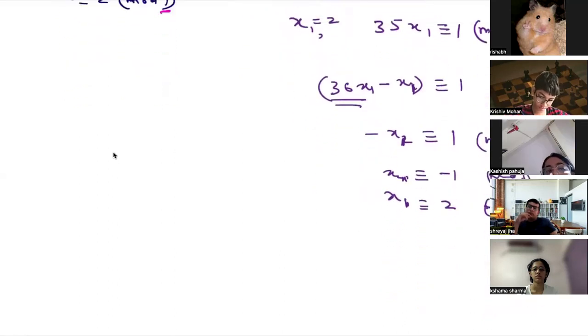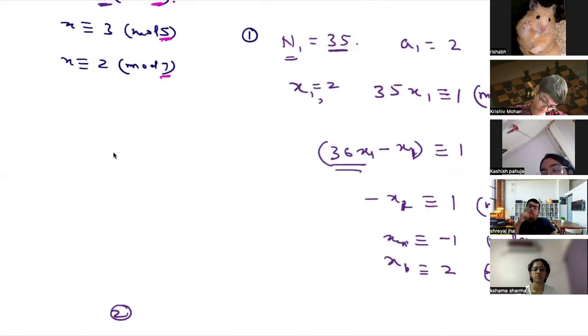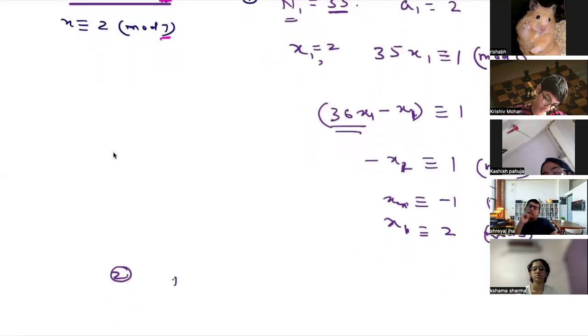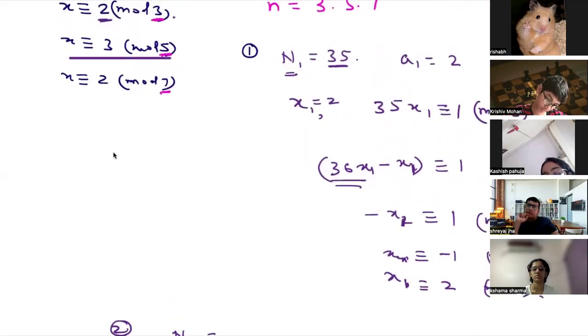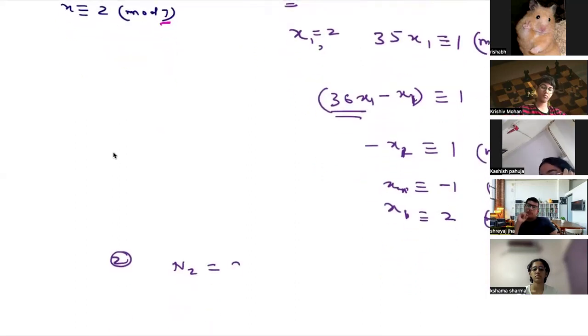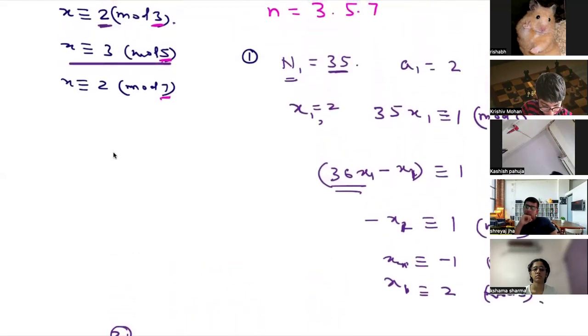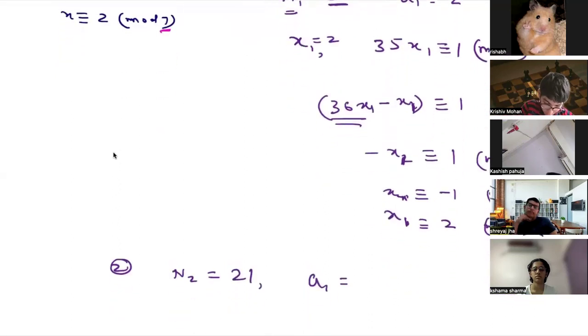Similarly, if I'm going for the second, when x is congruent to 3 mod 5, then I have to find N2. N2 is, I have not to write this 5, so this will be 7 into 3, which is 21. A2 in this case was given as 3.